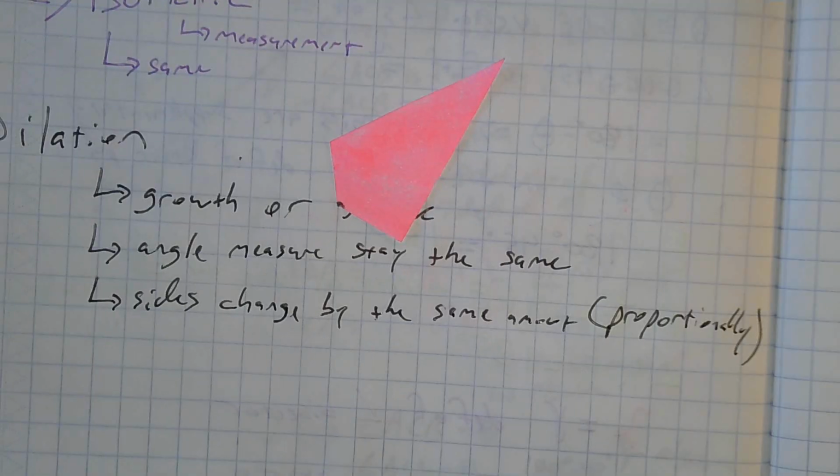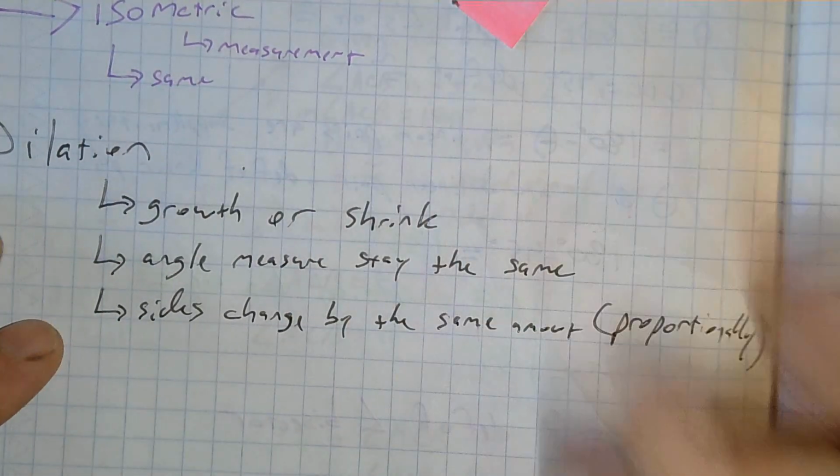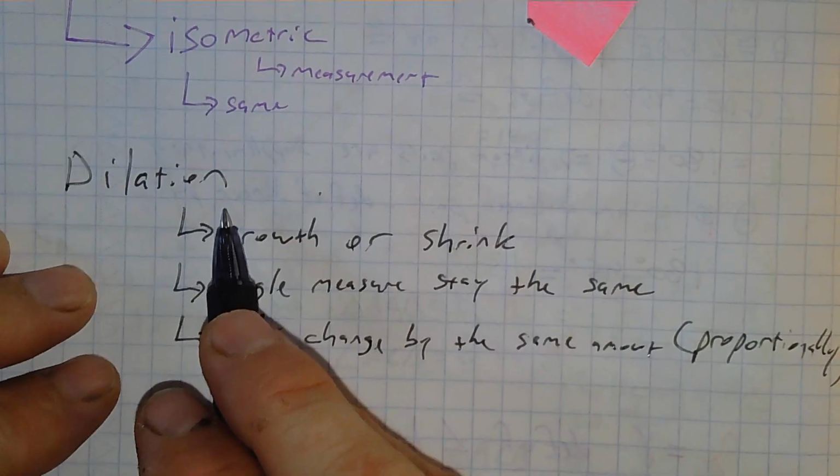Okay, so those are the four different types of transformations. A dilation is not isometric.